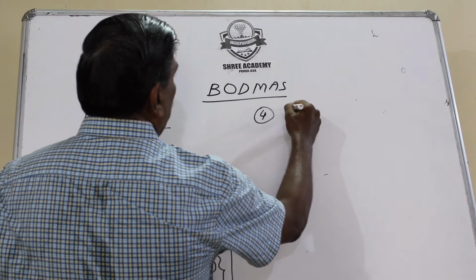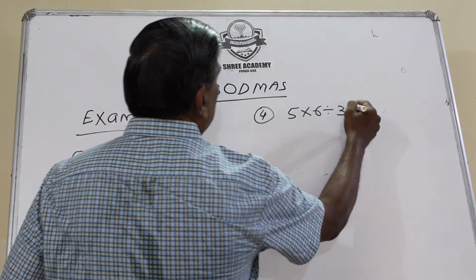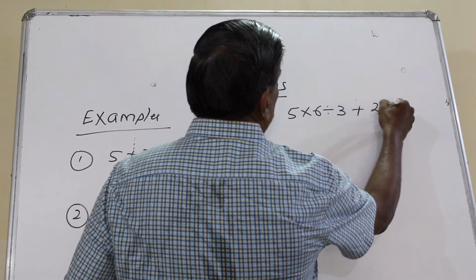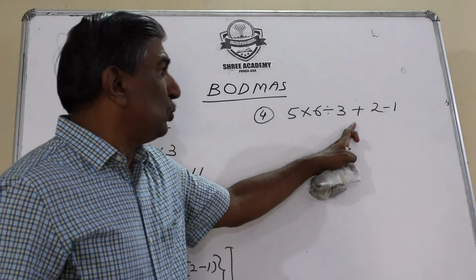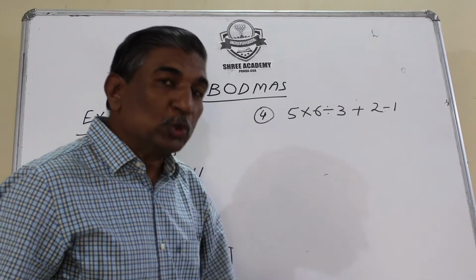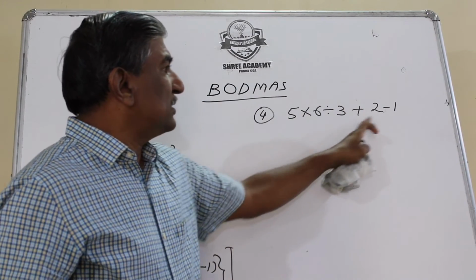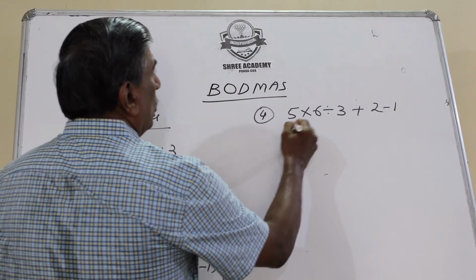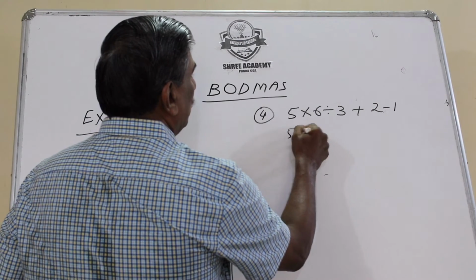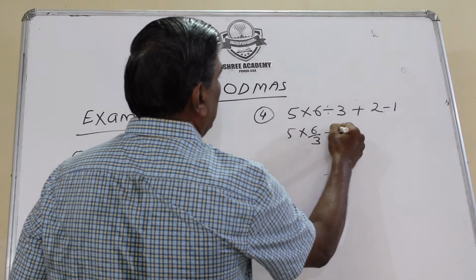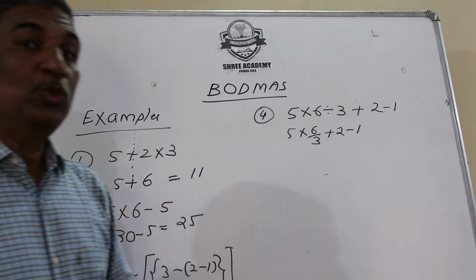Another is, if I am giving you 5 into 6 divided by 3 plus 2 minus 1. Now here remember, there is a positive sign, there is a negative sign also. It clearly means that there are 3 parts. So according to this, 5 into 6 divided by 3 plus 2 minus 1. BODMAS first tells you to divide.